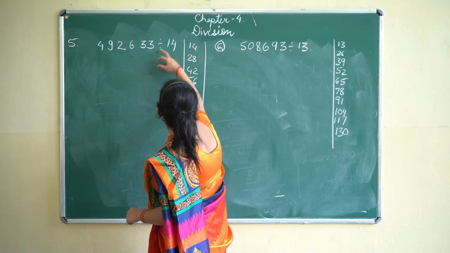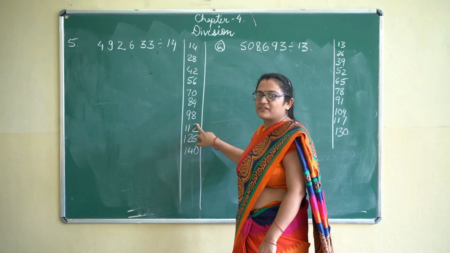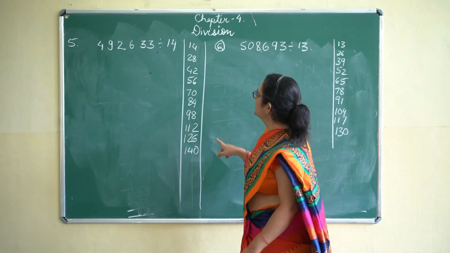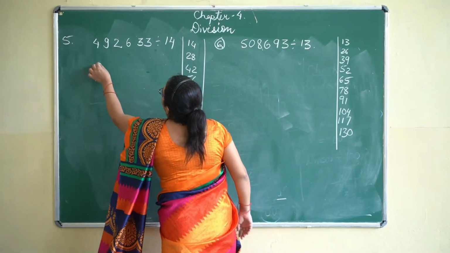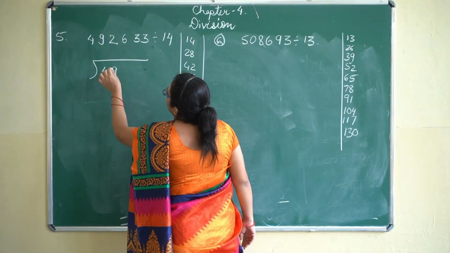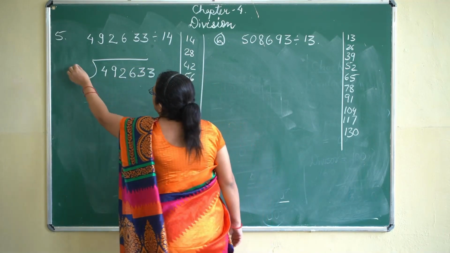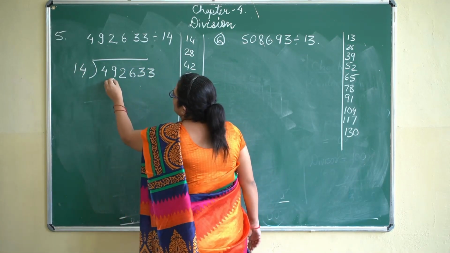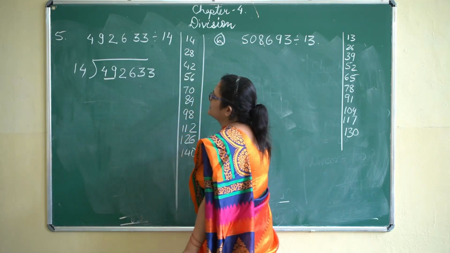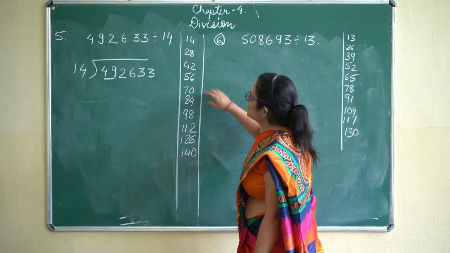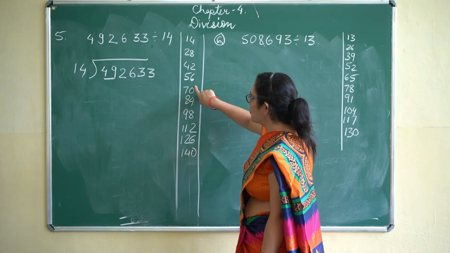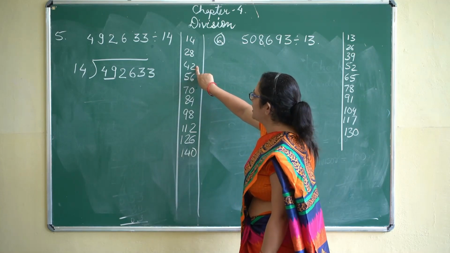4,92,633 divided by 14. I have written the table of 14 for reference purposes. You should learn the table of 14. So how do you write 4,92,633 divided by 14? Now we'll check, is 49 there in the table of 14? No. What is smaller than 49? 42.